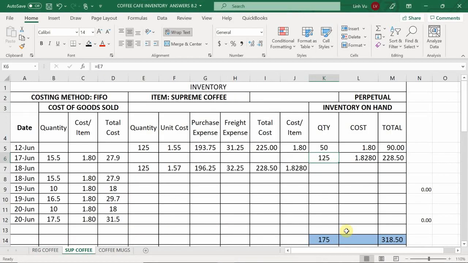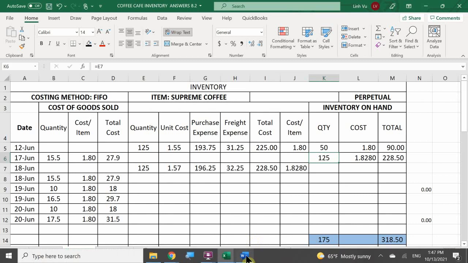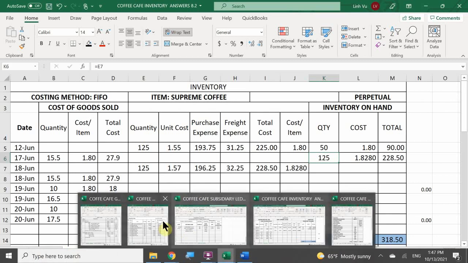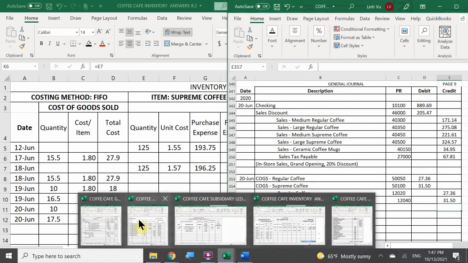Do we have 300? No, we have 318.50. Uh-oh. What happened here? I don't know. Let's go back to our worksheet. Maybe we calculated something wrong. Let's take a look.